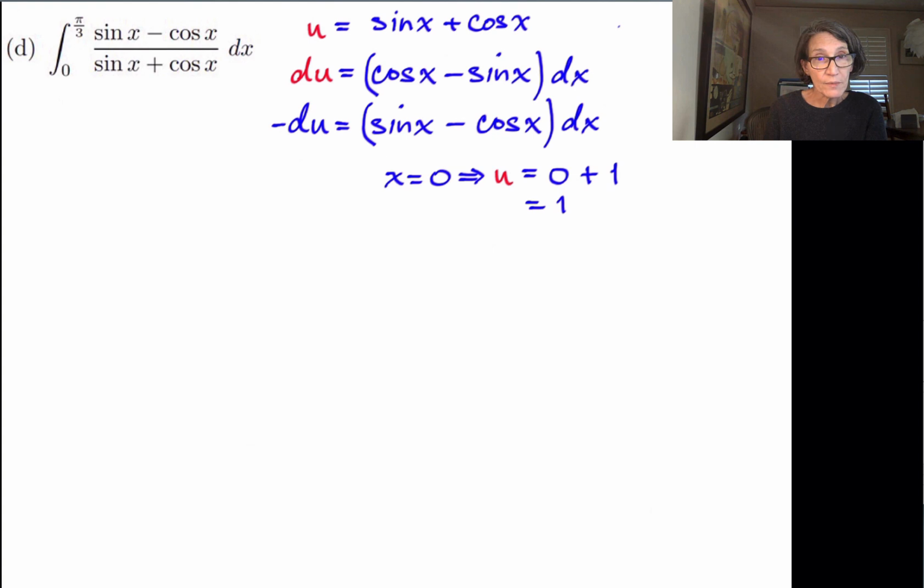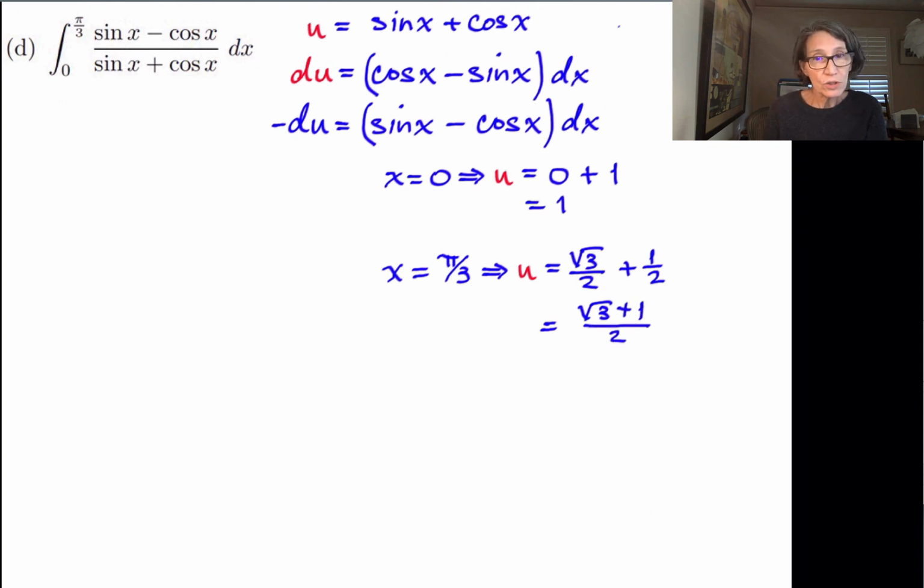My upper limit, when x is pi over 3, u is going to be the sine of pi over 3, which is root 3 over 2, plus the cosine of pi over 3, which is 1/2. All right, and I can simplify that a little bit. I can call that root 3 plus 1 over 2.